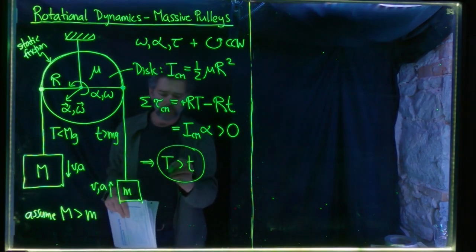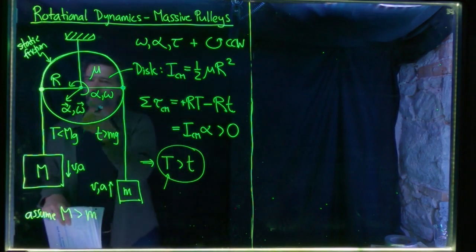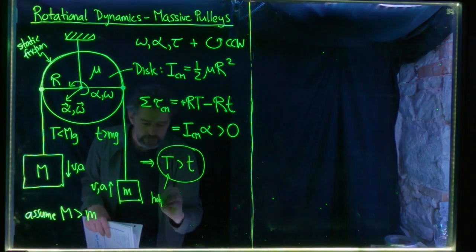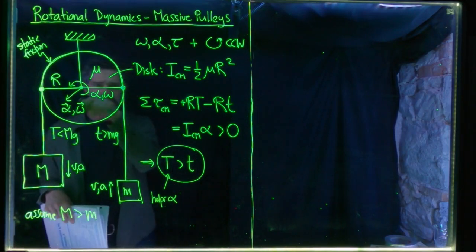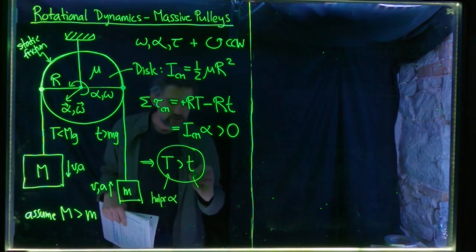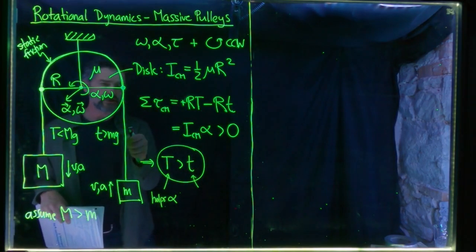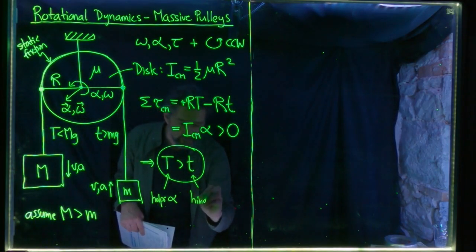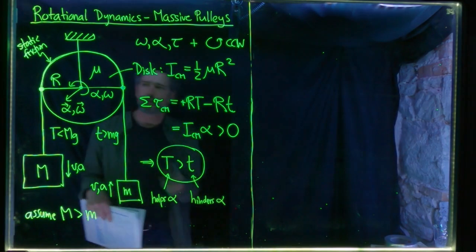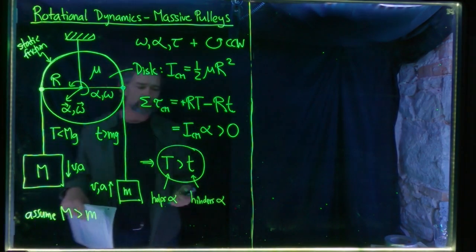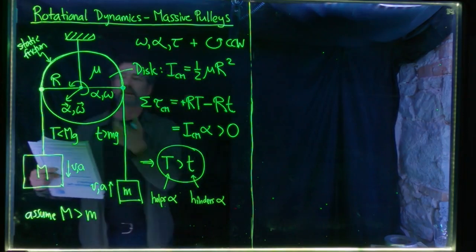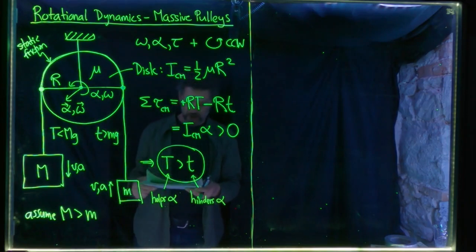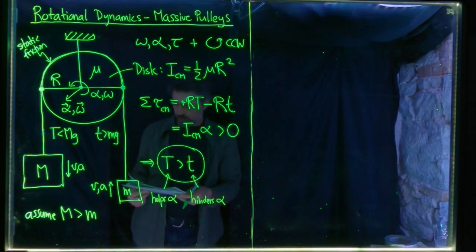Okay, and so you can think of it as big T here is exerting a counterclockwise torque, which helps the counterclockwise angular acceleration alpha, whereas the rope under tension little t, a lesser tension, is exerting a clockwise torque which hinders counterclockwise acceleration. Okay, and so because big T is bigger than little t, then there's a net twisting force in the counterclockwise direction, which is causing the angular acceleration alpha of that wheel. Okay. What else?